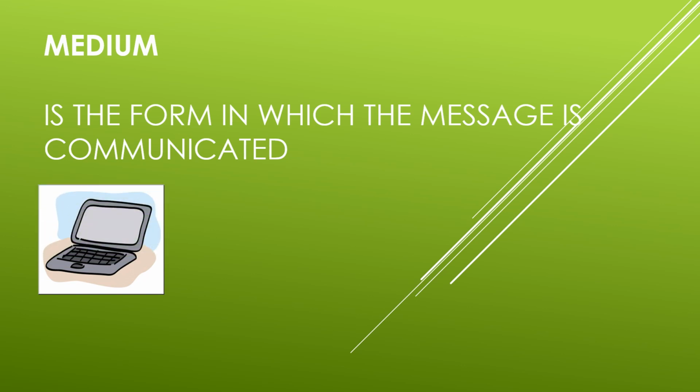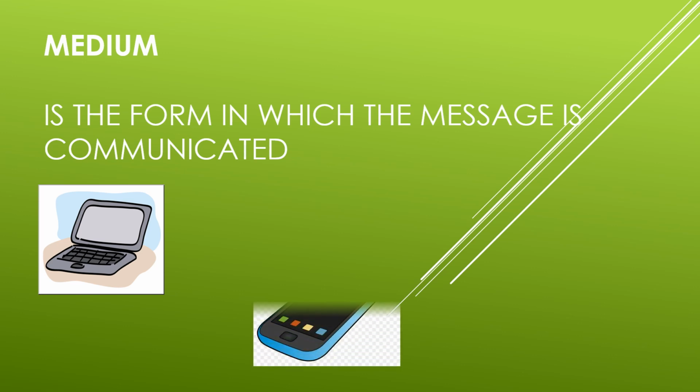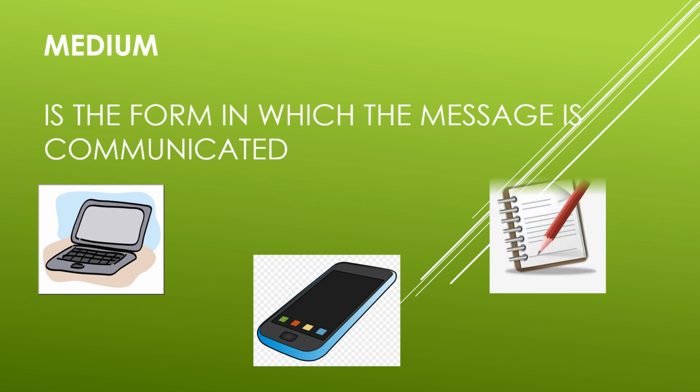We can use a computer to send an email. We can use a phone to call a person or send a text message. Or we can use paper and pencil to write a note to someone.